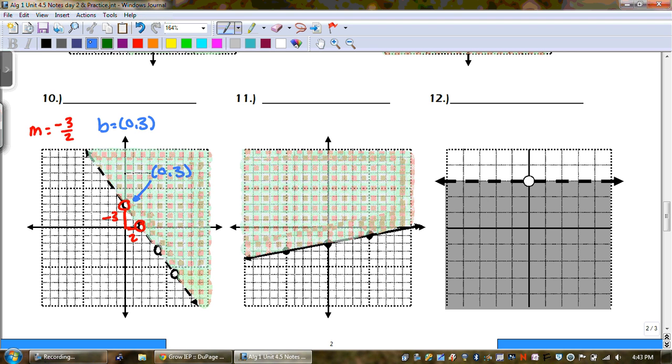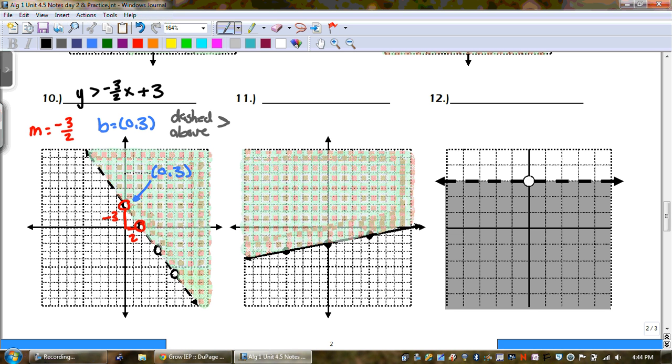The next thing you need to ask yourself, is it solid or dashed? Well, looking at it, it's dashed. And did they shade above or below? Above. So if it's dashed and they shaded above, that's the is greater than symbol. So putting all of that together, we have y is greater than negative 3 over 2x plus 3.